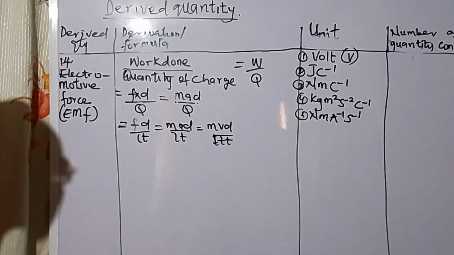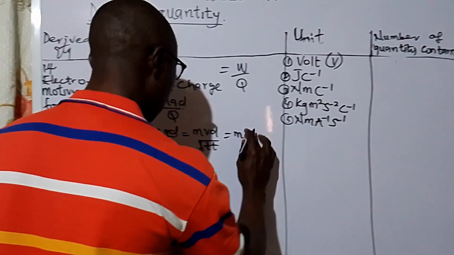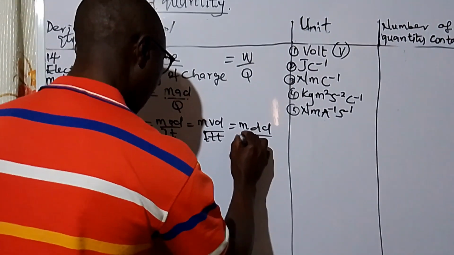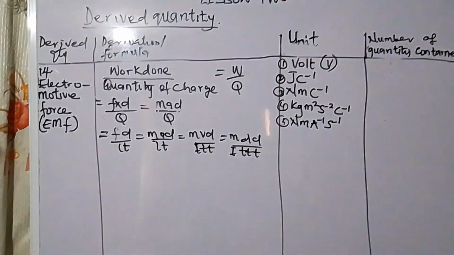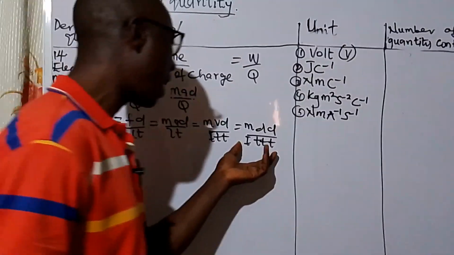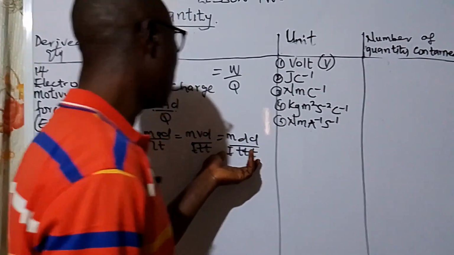Velocity is still derived. Let's express it further. That will be MD over IT. Now from here, you can see that all quantities here are fundamental. No derived quantity again.